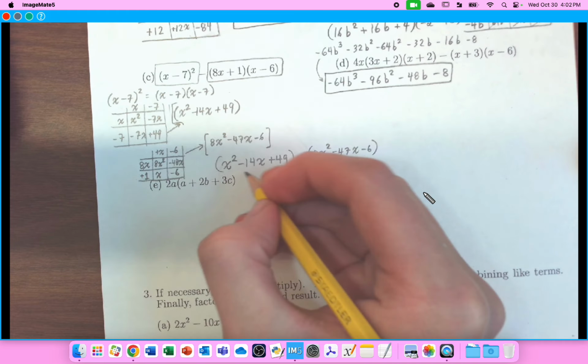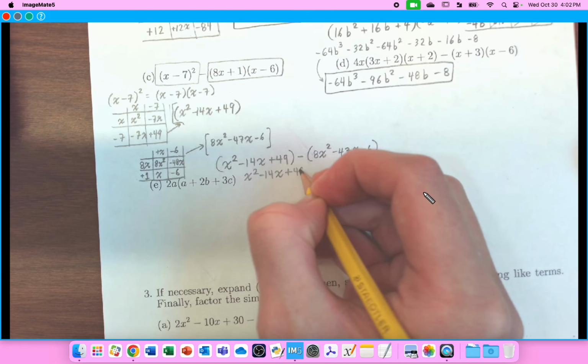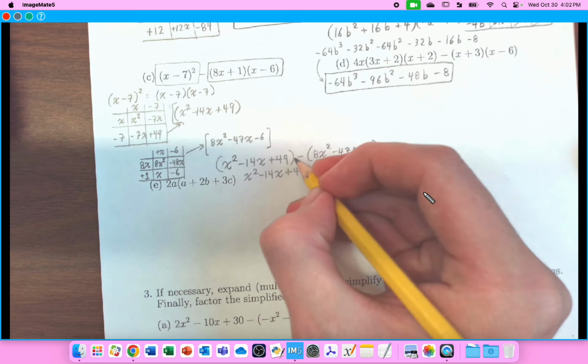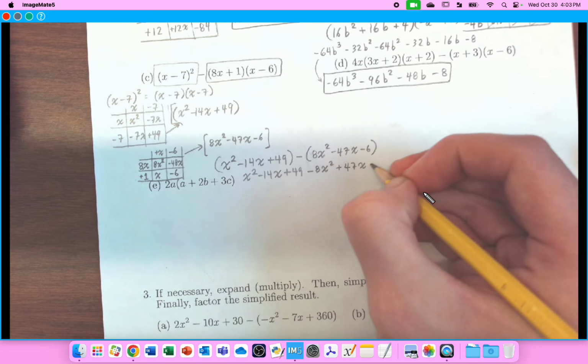And then I do my little step where I get rid of the brackets. Minus, take away a negative is plus. Take away a negative is plus.